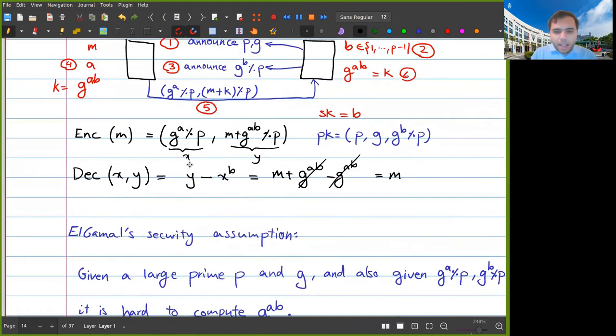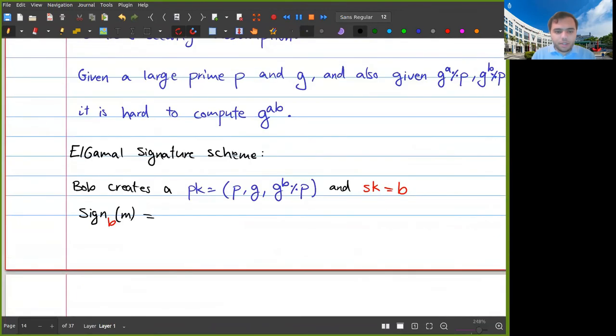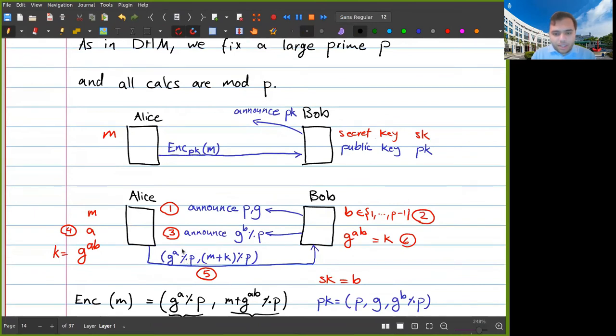But now I have a small problem here. And the problem that I have is that my decryption actually needed 2 things, right? So it needed g to the power of a modulo p, and it also needed M plus K. So when I was doing decryption, which I want to use as my signature, I actually needed some extra information here.